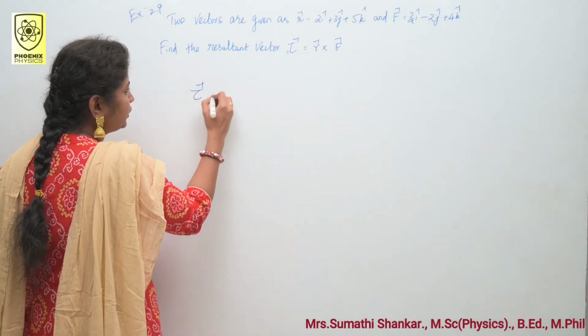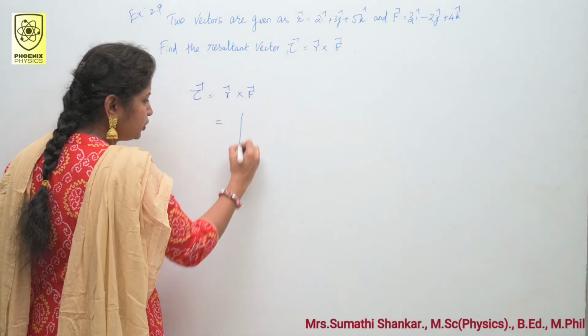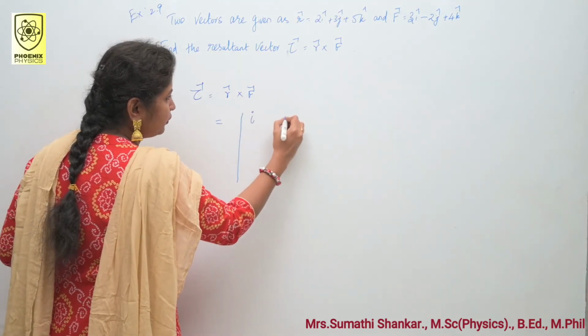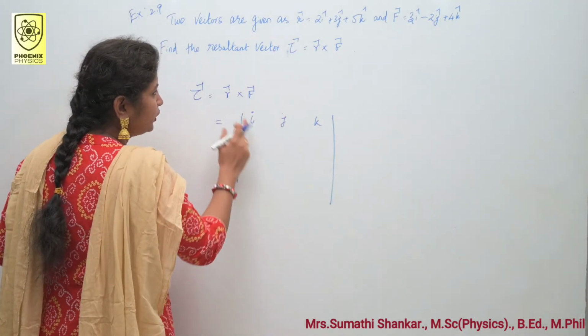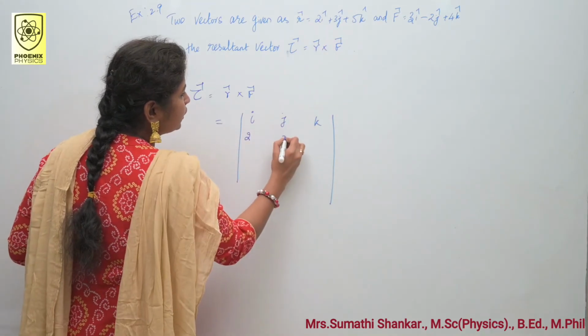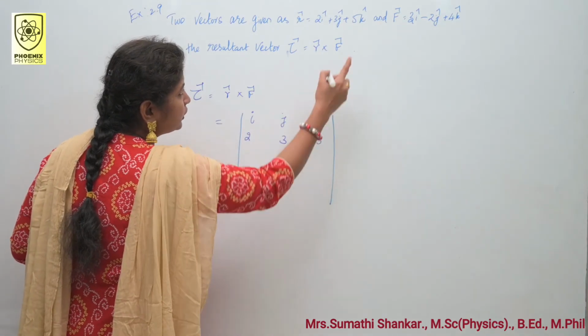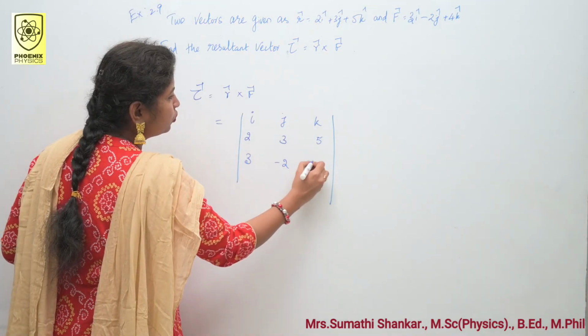Tau can be written as r cross F. Since it is a cross product, you can write like this: i vector, j vector and k vector. First you write the r components, that is 2, 3, 5. Then write the F components: 3, minus 2, 4.